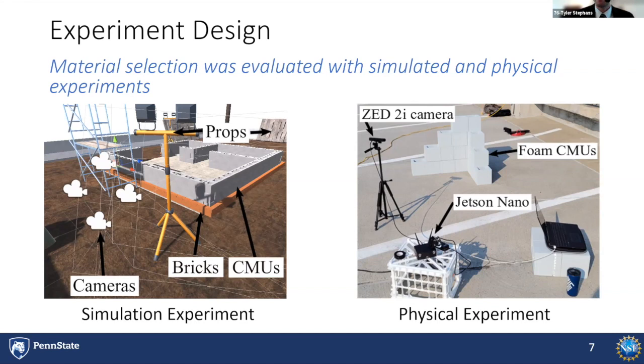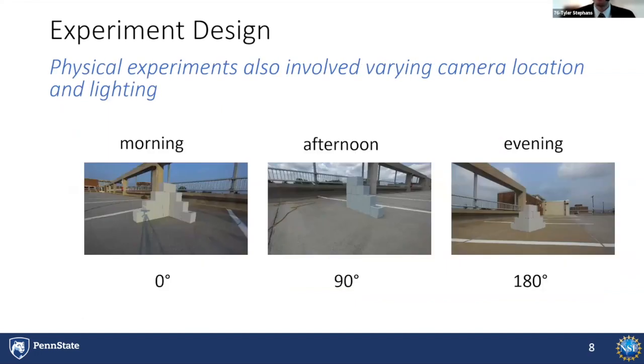So we fully varied what the current state was across both plans for these structures. And then for the experiments conducted in real life, we also varied the lighting conditions by varying the time as well as the location of the camera around the structure.